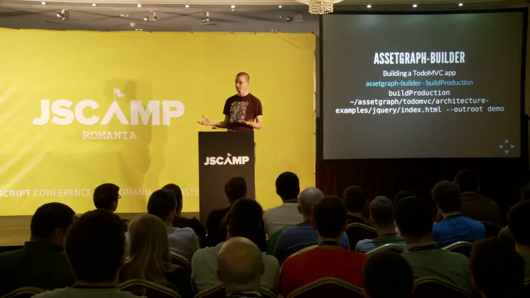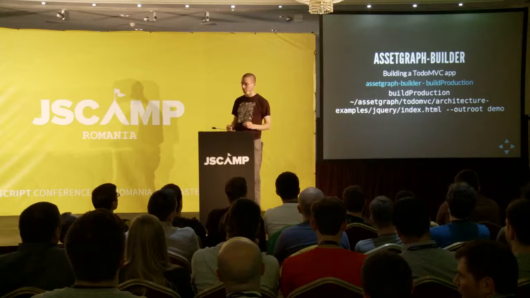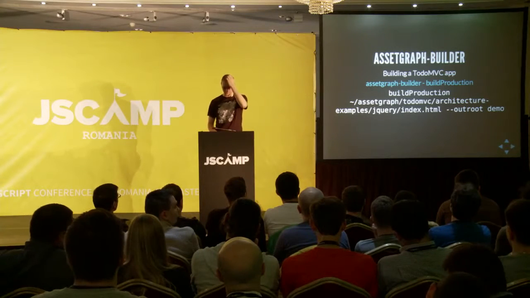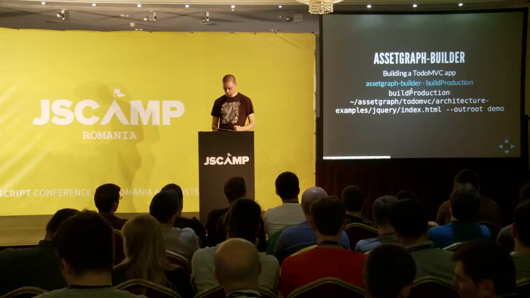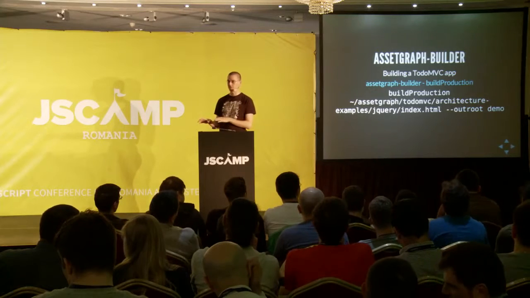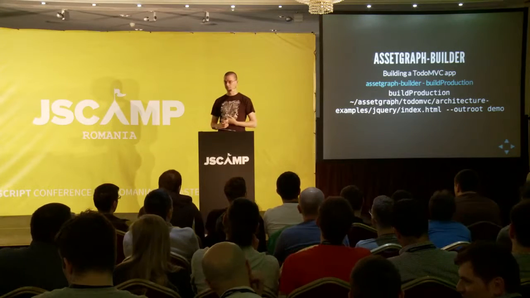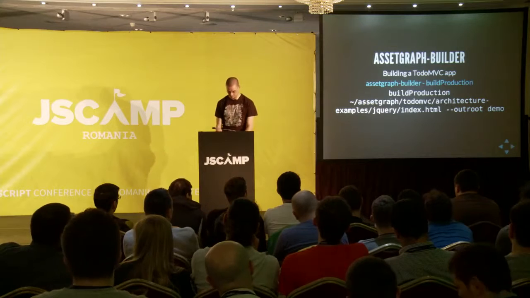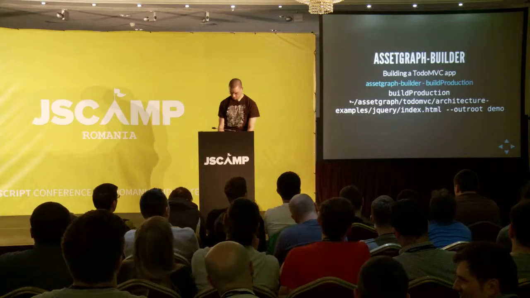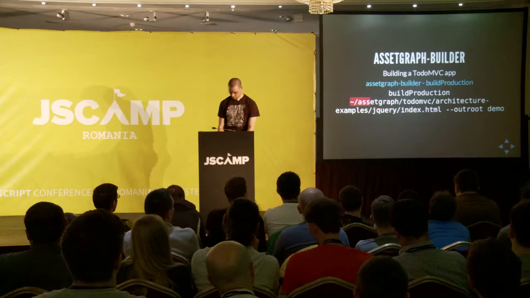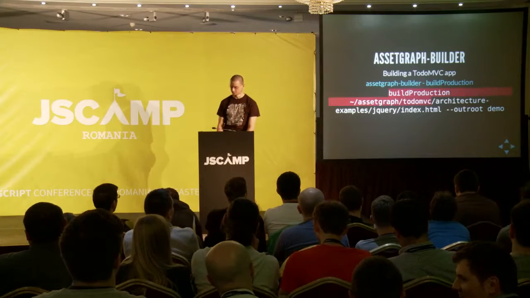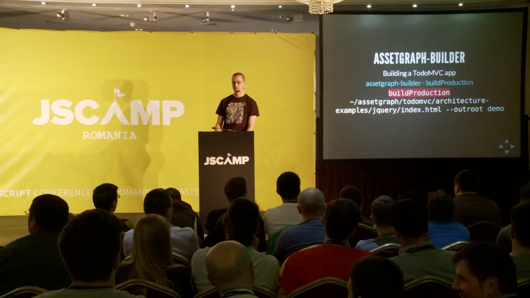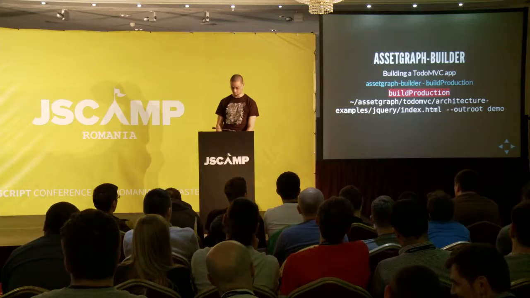So first of all, AssetGraph Builder, the build system that magically does the right thing. I really want to demo that. And what I have here is basically the command line that I need to copy in order to do a production build of one of the to-do MVC applications. So I'll just copy that. This guy, build production, is a binary that AssetGraph Builder exposes, which I've installed globally.